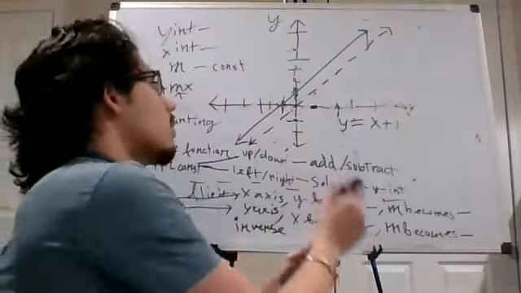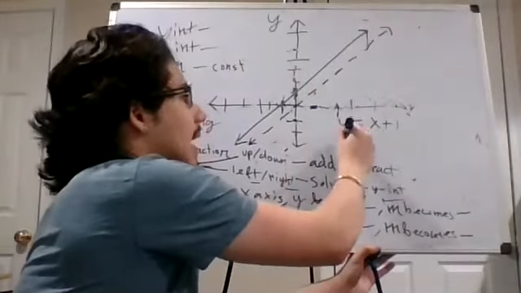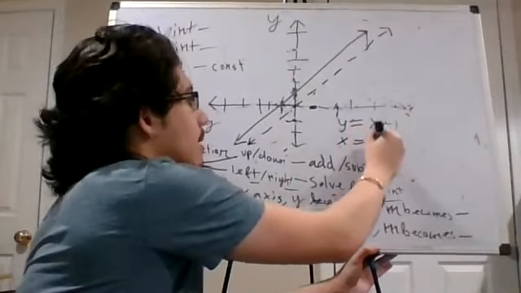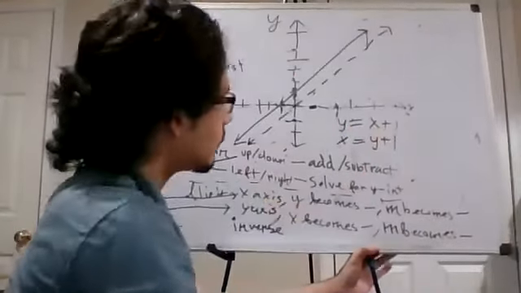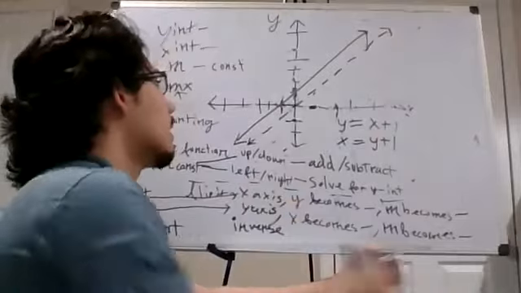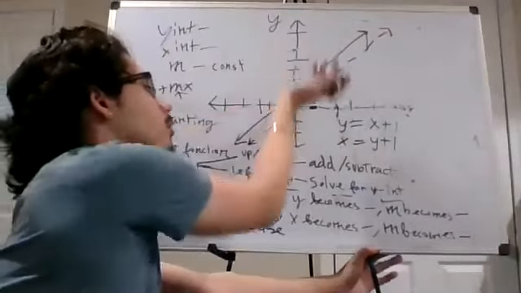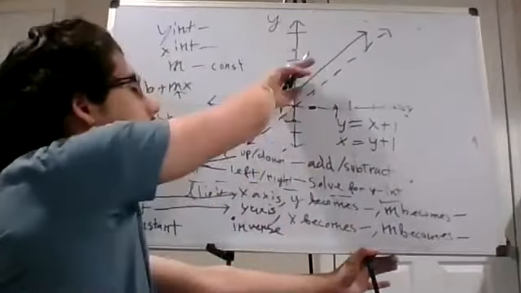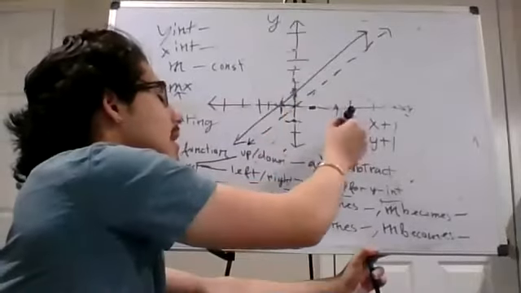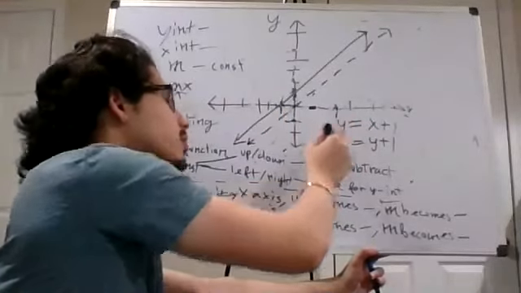So the new equation will be x equals y plus 1. And that's what it will be to flip it over this line. This is arithmetically how you would do it.